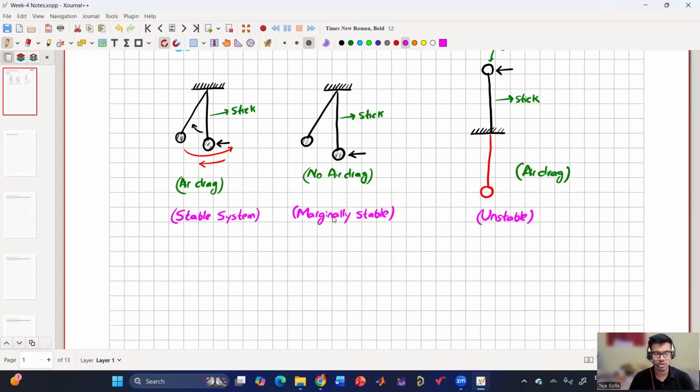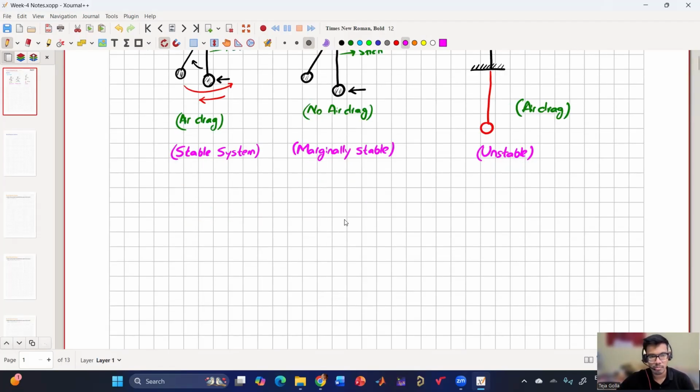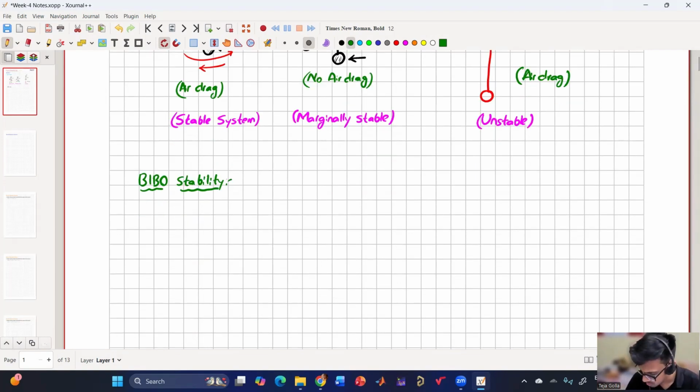Now this is just an introduction to understanding what is a stable and what is an unstable system. But to define it mathematically, there is something called BIBO stability, which means bounded input, bounded output stability. As the name says, if the input is bounded and the output is also bounded, then the system is stable.